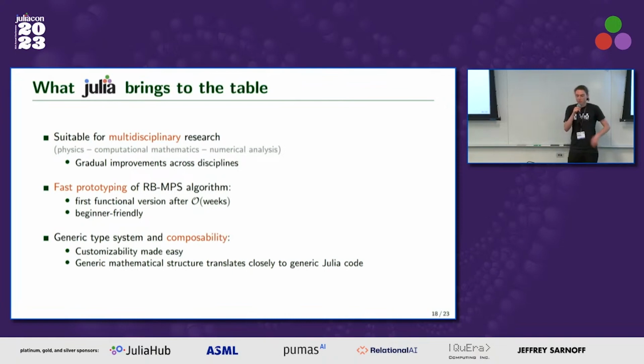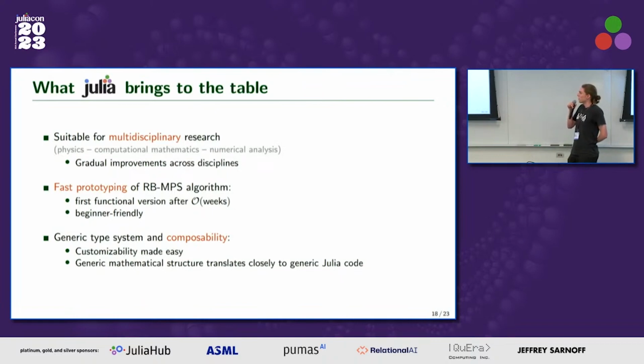Then I picked it up, and I'm just a master student, and I also didn't have previous Julia knowledge. And in the end, Stefan Wessel, who is a physics professor and also a collaborator and my supervisor, even contributed to the documentation, even though he had also not written any Julia. So we had this process of gradual improvement from people across disciplines, and different aspects of Julia make it really accessible and easy to contribute. So that's the first cool thing about it.